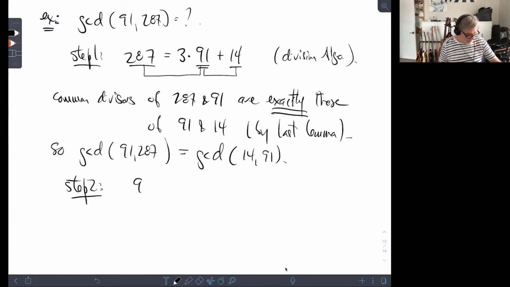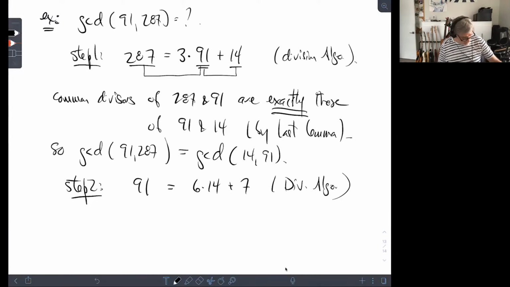So I'm going to take 91, use the division algorithm. That's 6 times 14 plus 7. What does my lemma say? It says that the common divisors of 91 and 14 are exactly the same as those of 14 and 7.